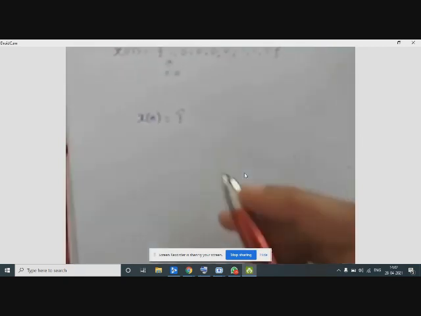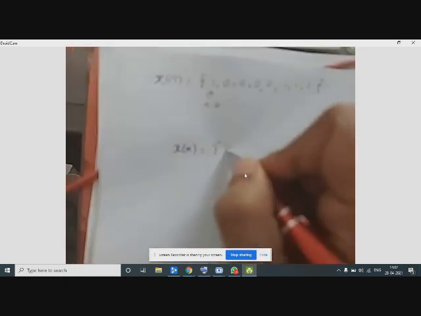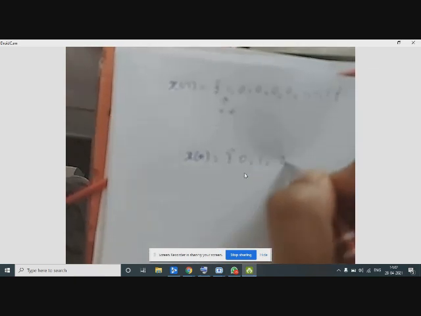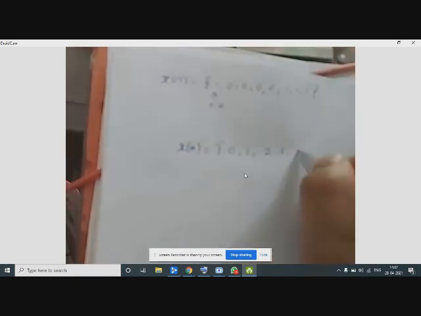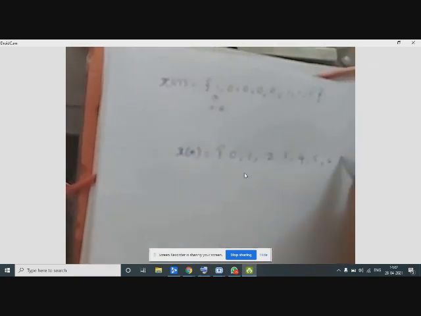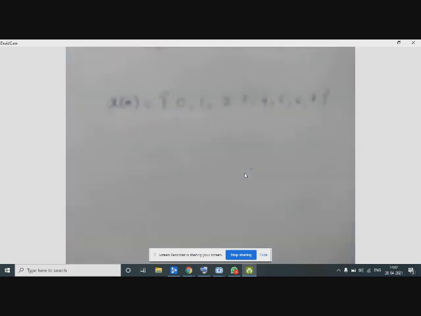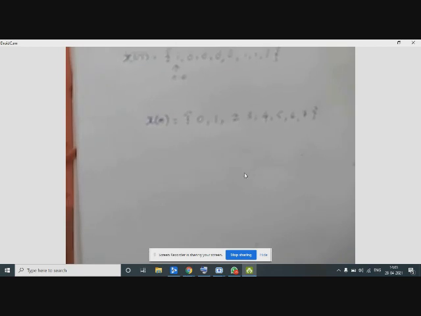Yeah. So x of n is equal to 0, 1, 2, 3, 4, 5, 6, 7. Right. This was the value. Is it not?